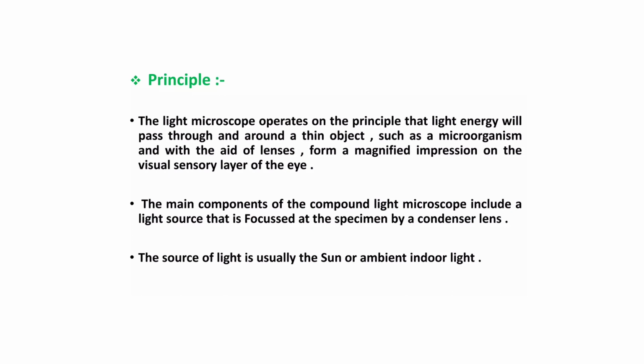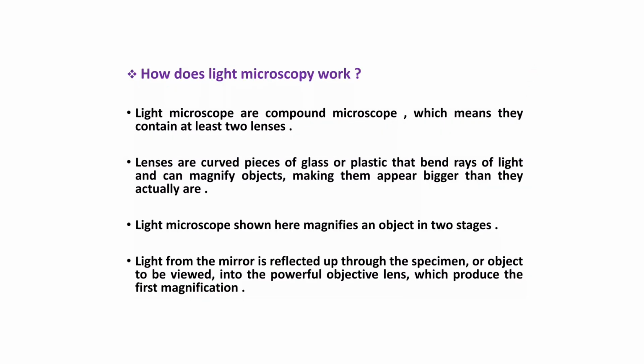The source of light is usually the sun or ambient indoor light. Light microscopes are compound microscopes, which means that they contain at least two lenses. The lenses are curved pieces of glass or plastic that bend rays of light and can magnify objects, making them appear bigger than they actually are.